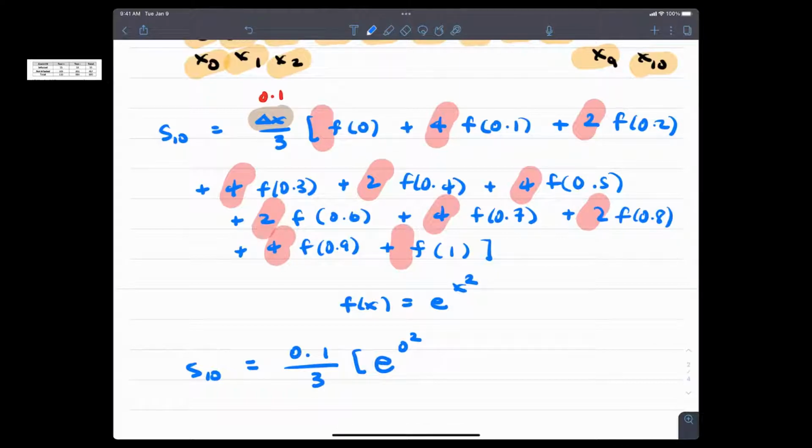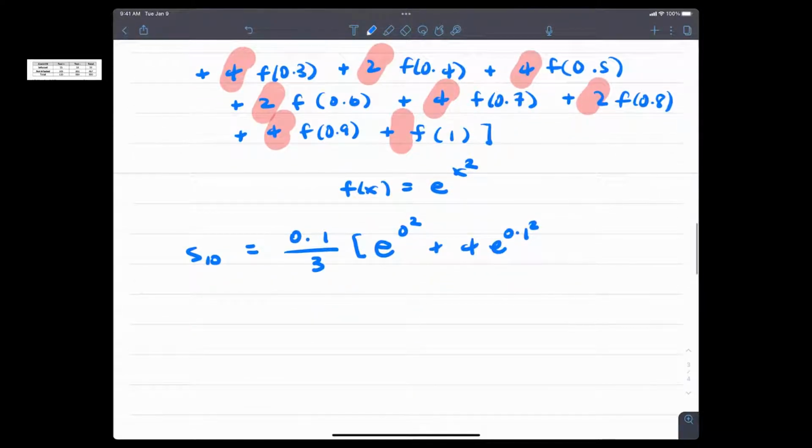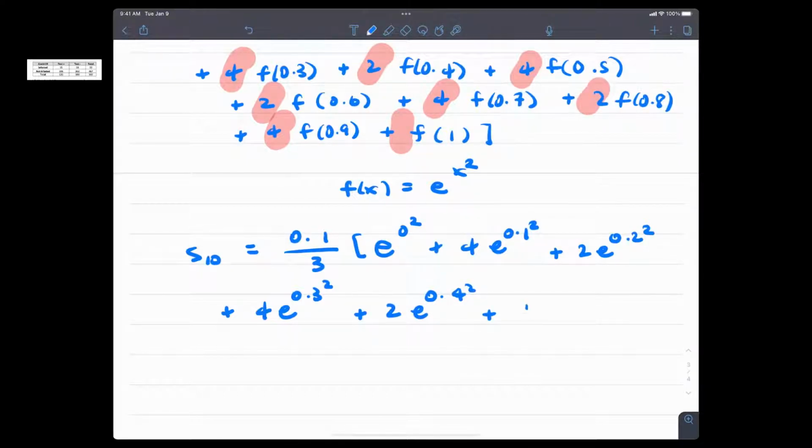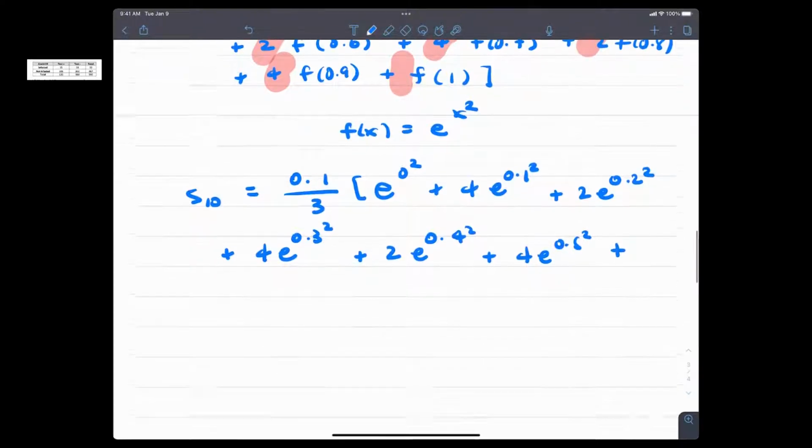0 squared, because that's the function, right? Plus 4 e to the 0.1 squared. Plus 2 e to the 0.2 squared. Plus 4 e to the 0.3 squared. Plus 2 e to the 0.4 squared. Plus 4 e to the 0.5 squared. Right?